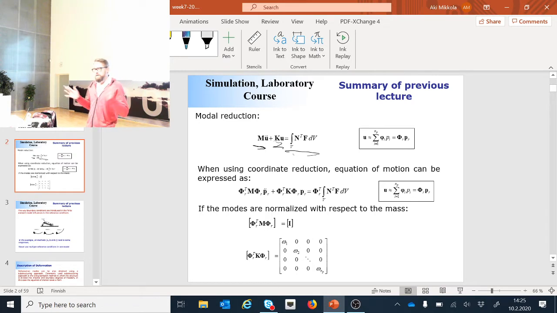If you look at the matrices in this set of equations, we can easily have vectors of unknowns that could have 100,000 components, maybe 1 million components, making it difficult to use this equation as it is as a part of the multi-body system.